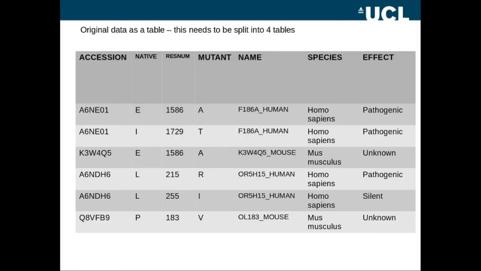The second exercise is a little bit more complicated. This one needs to be split into 4 different tables. So I'm not going to tell you what those tables ought to be, but I'm going to give you a couple of clues. First of all, we want to look for repeating things in columns. And we also want to think about entities.